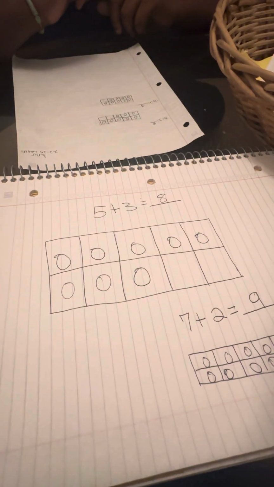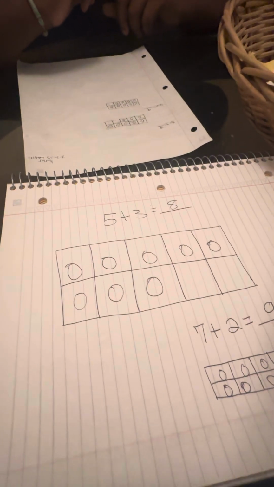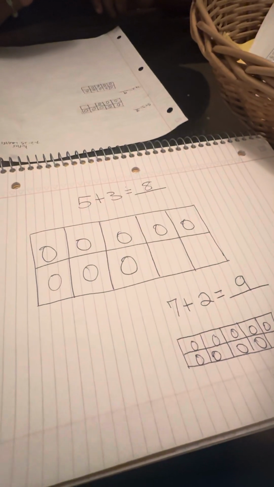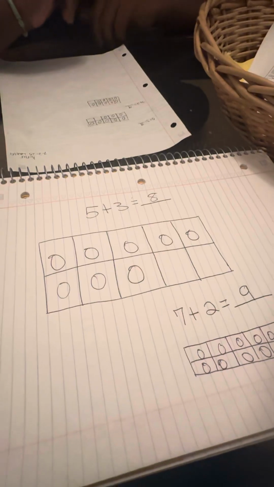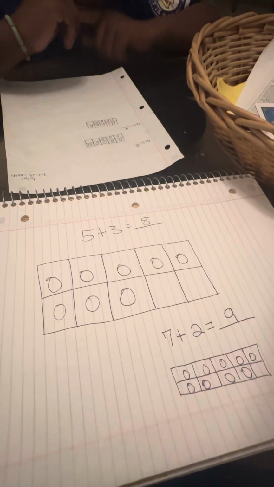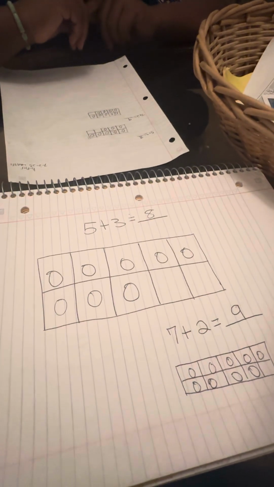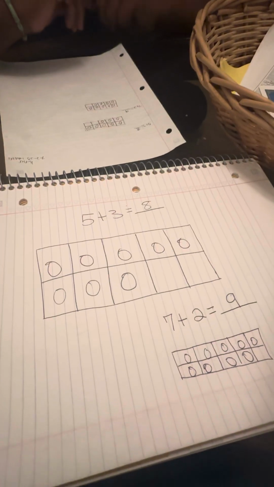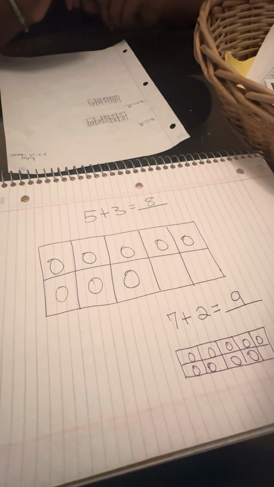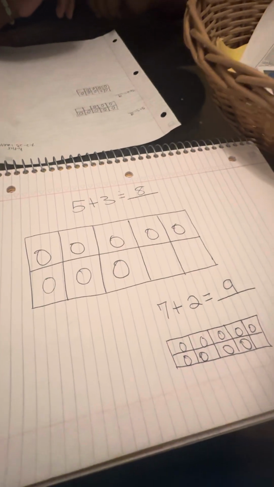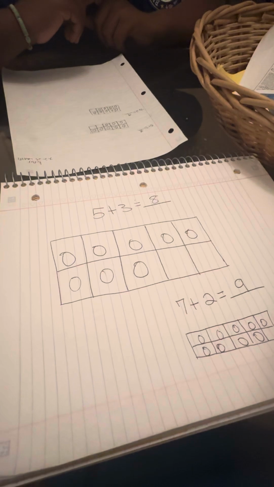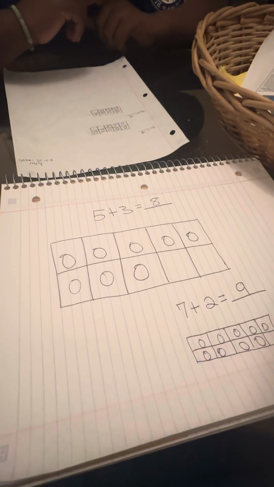Once you're done working in your partners, you're going to get on your tablets and use iExcel math, and do some addition problems using tens frames. And then once we're done with that, we'll come back together and make sure that everybody understands, and we'll talk about what we're going to do next.